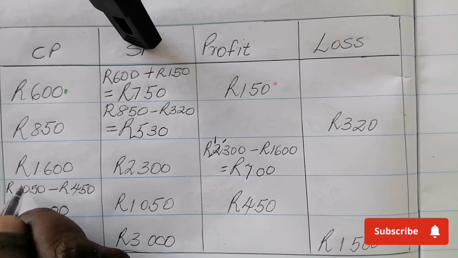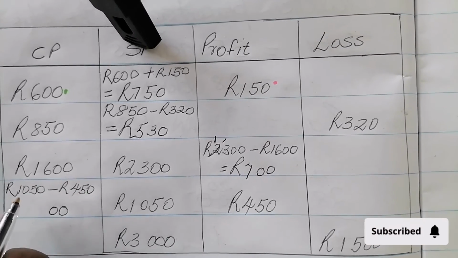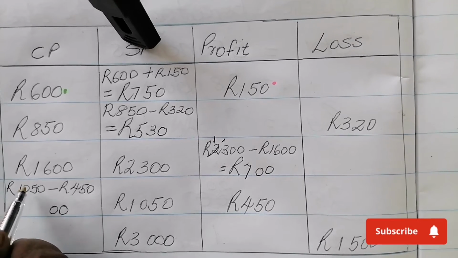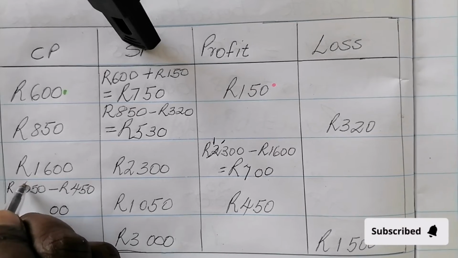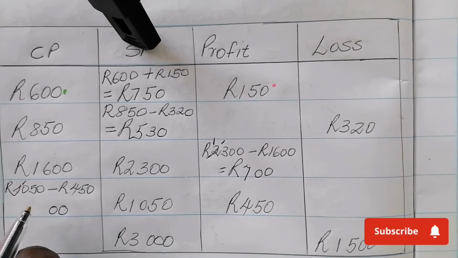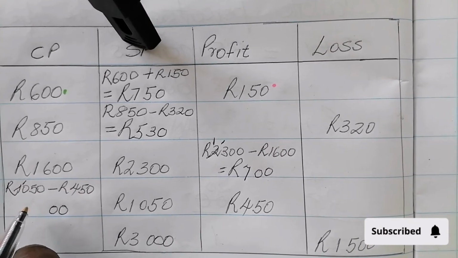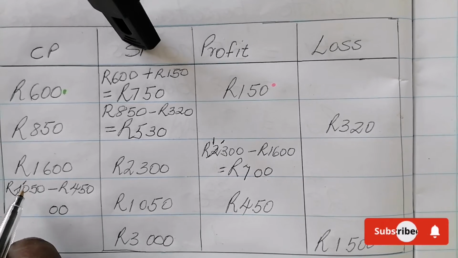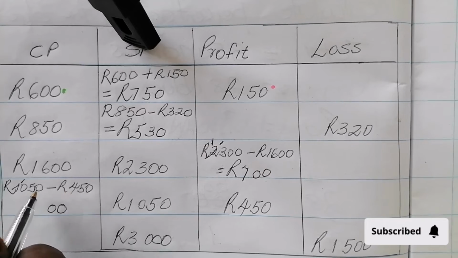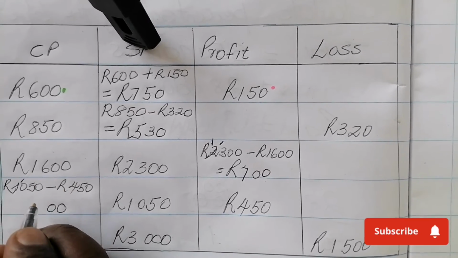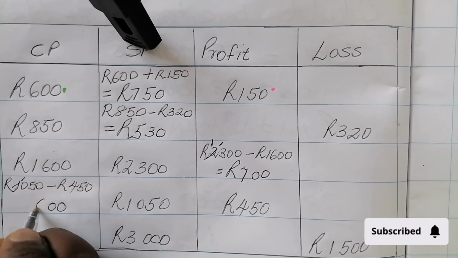So we're gonna have now 10 minus 4, which is equal to 6.